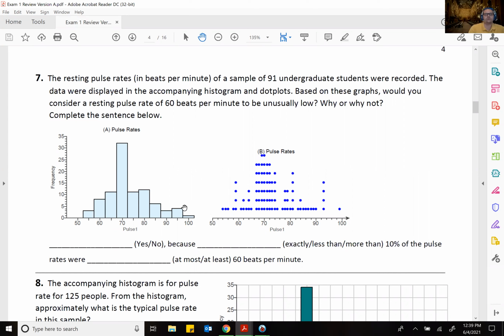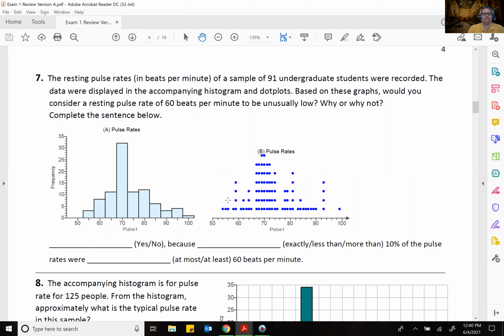I like what Catherine said, going to the dot plot, because right here you can see where everybody is falling. If you have a resting heart rate of 60, and technically these dots should probably be over a little bit, as she said, there's only 8 of you down here that are really, really low.